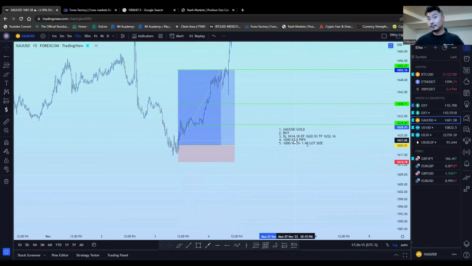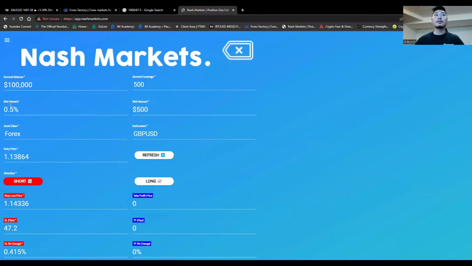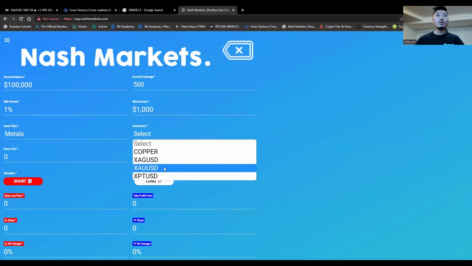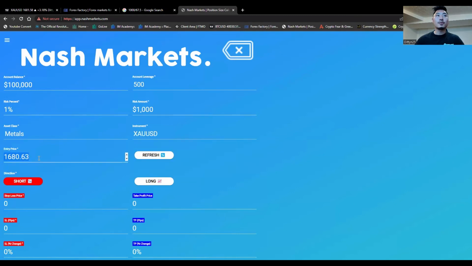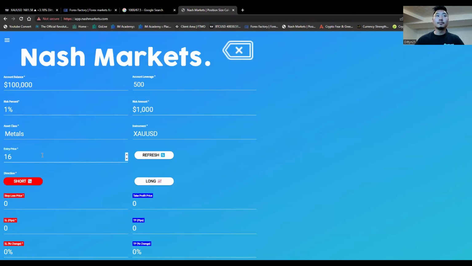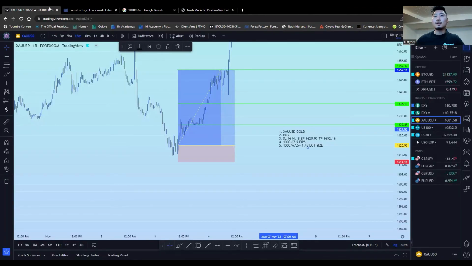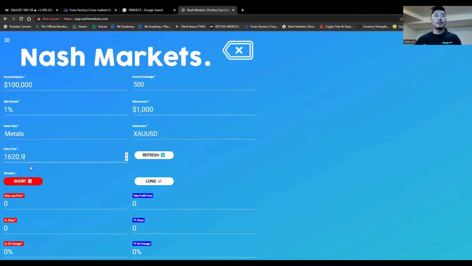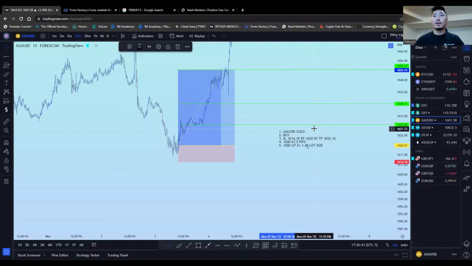All right. So let's go on the NAS market and do the same thing. 1% is not Forex, it's metals, for XAU USD, for gold. Entry price was 1628.3, 0.93, right? So double check, because if you make a mistake, your lot size might not be good also.